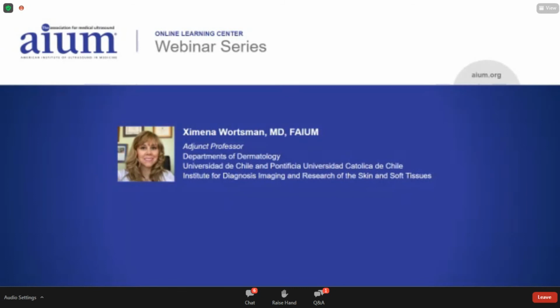Another question is, what are the main differences between fibrolipoma and the more aggressive ones? I mentioned two features in the lecture. One is that normally fibrolipoma is homogeneous. So if you start to see a fibrolipoma with heterogeneity or hypervascularity, you should think about malignant transformation.